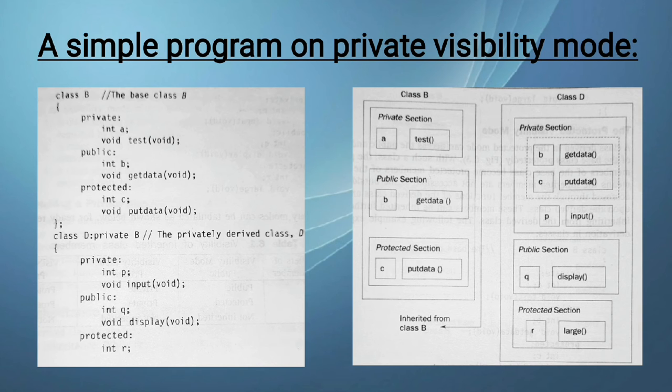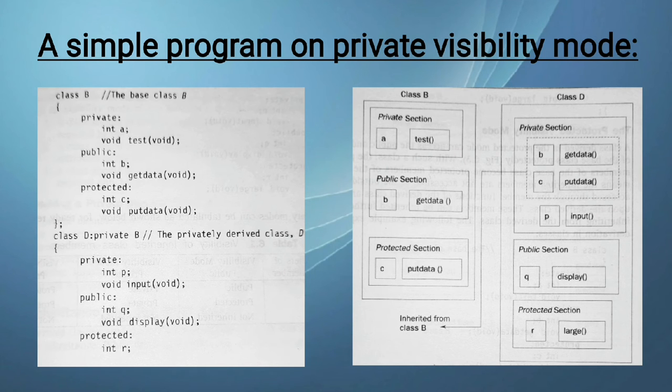However, you will see that in the class D it has its own members, private int p, so that belongs to the class D. And under the public access specifier, int q and void display, this also belongs to the derived class only, not to the base class.